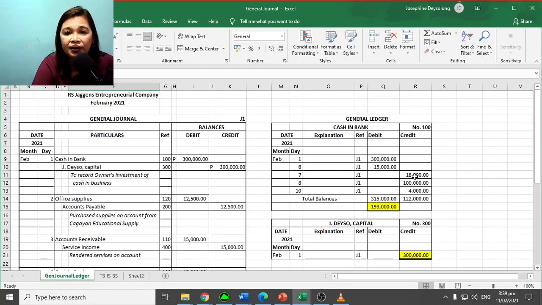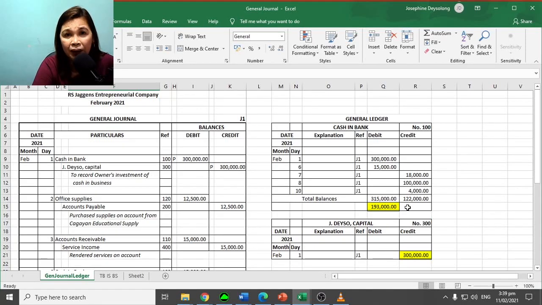The credit here has 18,000, 100,000, and 4,000. And when you add them up, it has a total of 122,000. Now, the difference here is 193,000. And 193,000 is my final balance in my cash in bank.